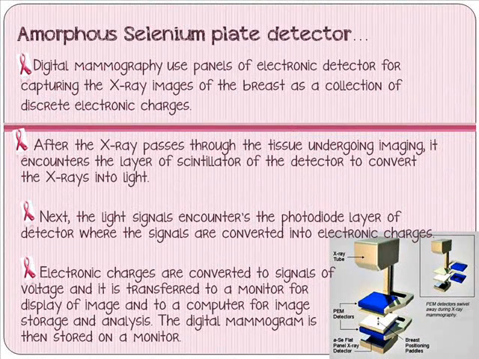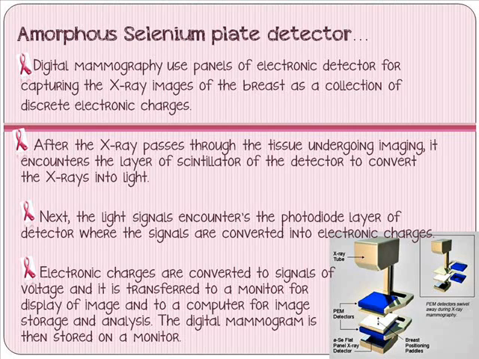And then I will talk about the amorphous selenium plate detector. Digital mammography uses panels of electronic detectors for capturing the X-ray images of the breast as a collection of discrete electronic charges. After the X-ray passes through the tissue undergoing imaging, it will encounter the scintillator layer of the detector and convert the X-rays into light.